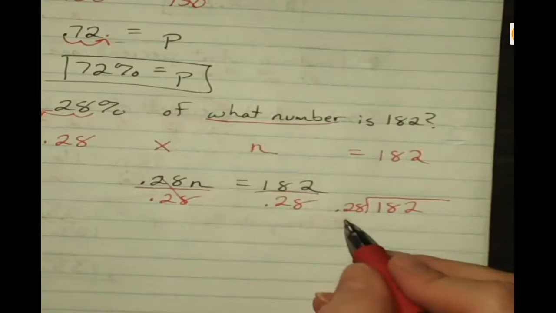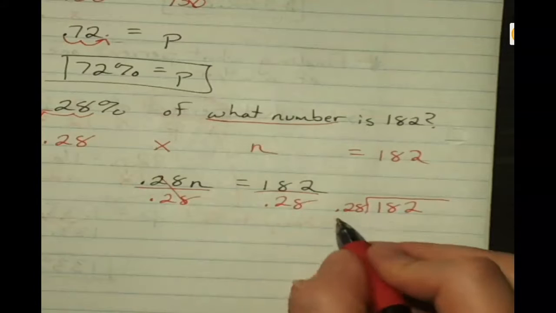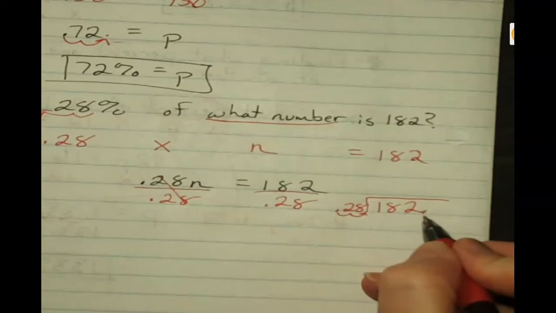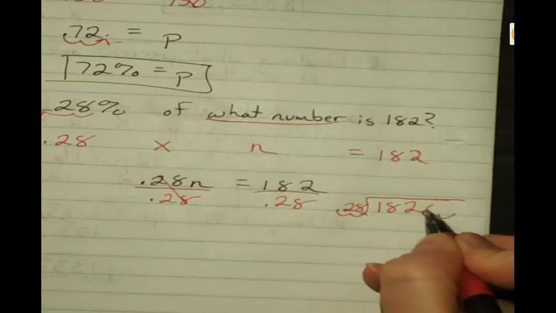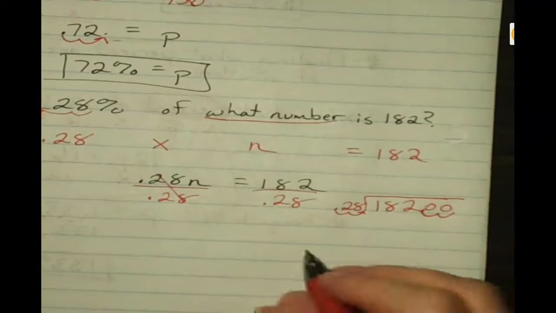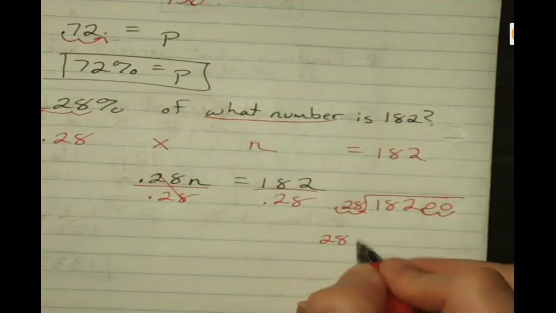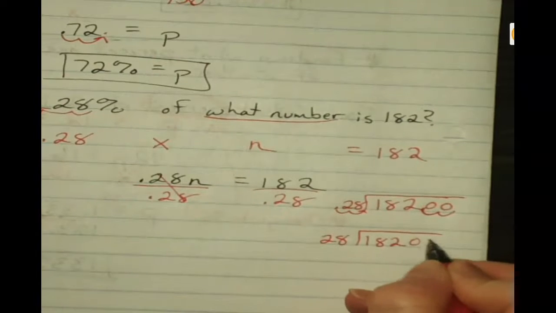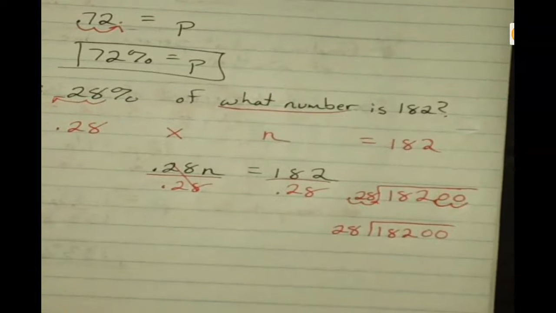Oh no, there's a decimal in the divisor. What shall I do, Natalia? You can't have that, so you're going to move it over to the right 2 times, which means you have to do the same thing to the number inside. So move it over, and your new equation would be 18200 divided by 28.